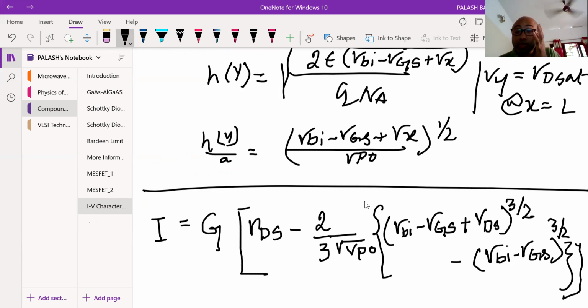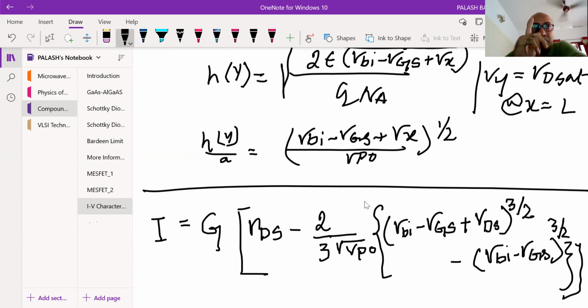This is the expression that you are going to get once you integrate it nicely, properly, and without any error. But important part, just cross verify that after integration you are getting it or not. But I think it is correct.